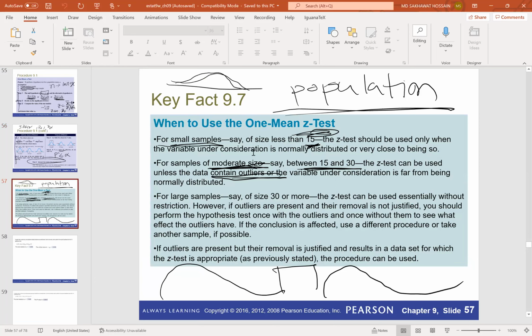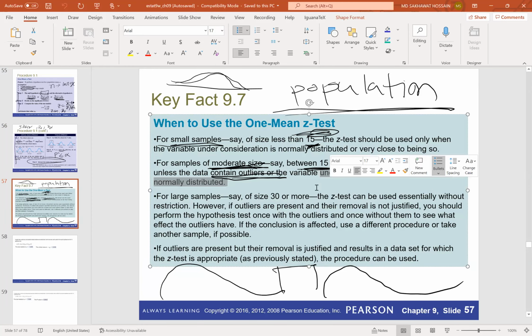And here is the way to use the one mean Z test. For a small sample, the population should be normally distributed. For moderate sample size, that means if the sample size is between 15 to 30, then we'll use the Z test unless the data contain outliers or are far away from the normal distribution.